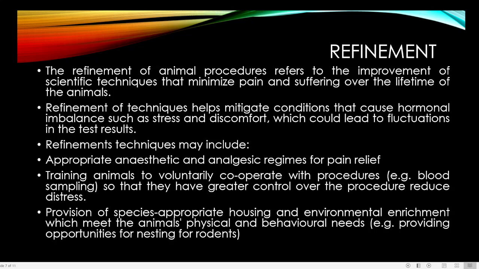That means the animal will have to live with the consequences of the experiments that we have conducted on that animal. That means the animal will be experiencing lifelong suffering or lifelong pain because of our research.